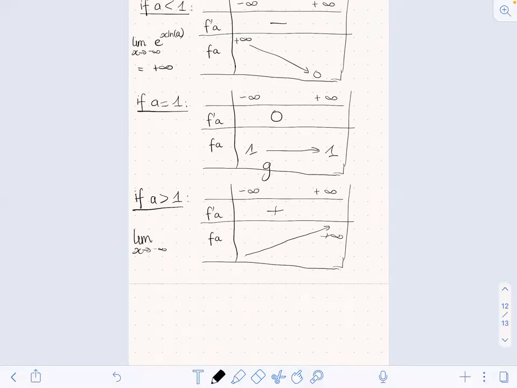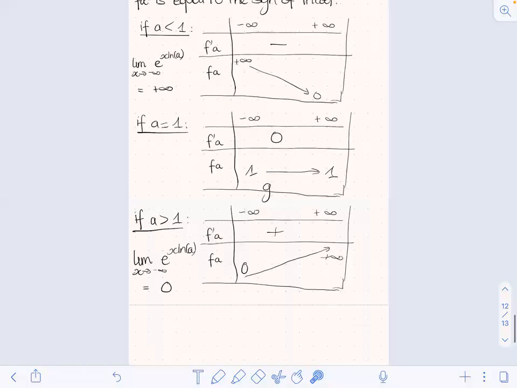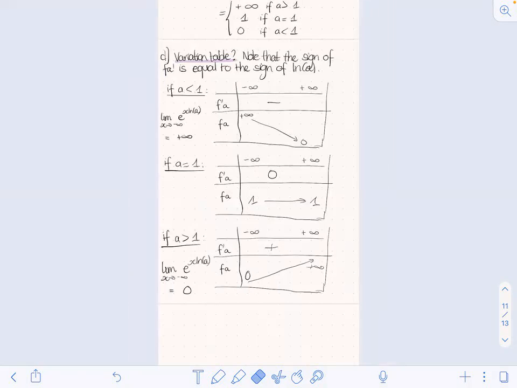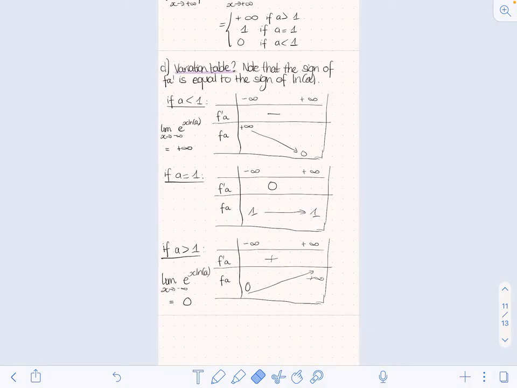And at minus infinity, exponential of x logarithm of a will go to 0. Okay, the behavior in this case is sort of the opposite of the behavior in the first case. Okay, so those are 3 different variation tables.